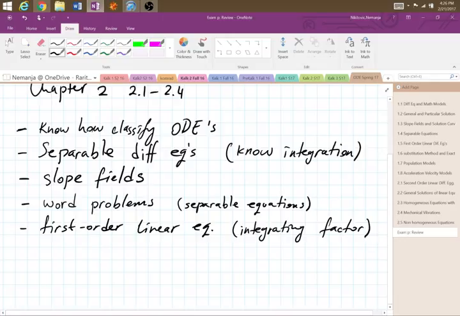Obviously, you can go back on the YouTube channel and find every lecture if you forgot the procedure for the integrating factor. That's you multiply by e to the integral of p dt, and then you collapse it into the product rule and integrate both sides, right? So know your integration.